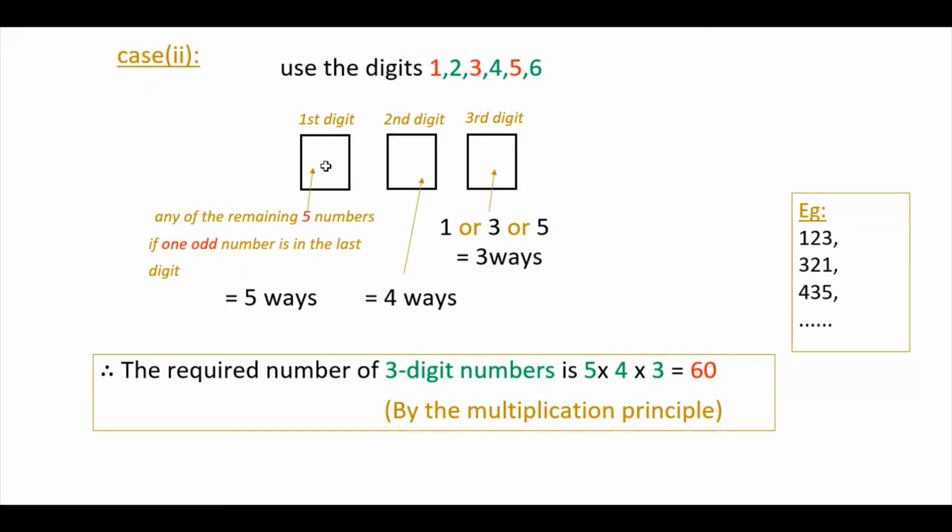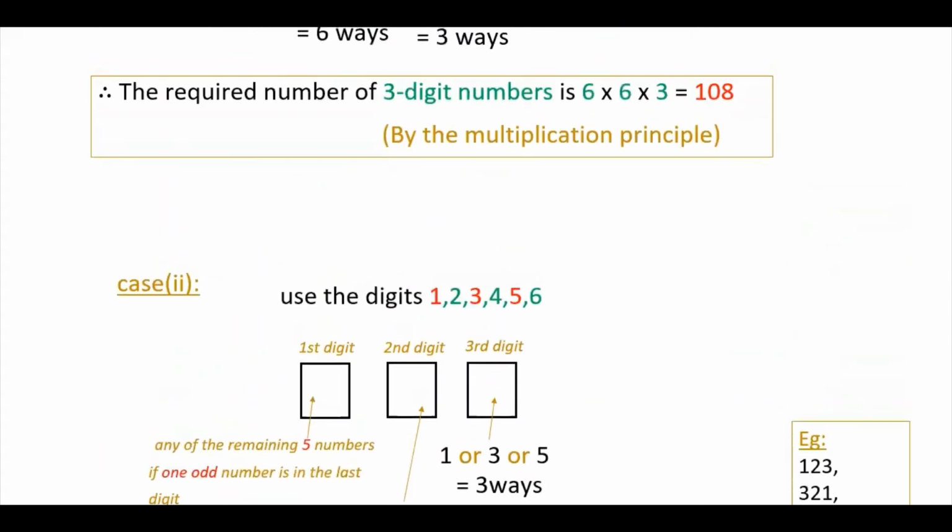So here 5 numbers, because here 2, 4, 6 plus 2 odd numbers. Any of these 2 odd numbers you can take here. So total 5, and in the second digit, 4. Then here 3. So 5 into 4 into 3 is equal to 60. The required number of 3-digit numbers here is 60. If the digits are repeated, that is 108.